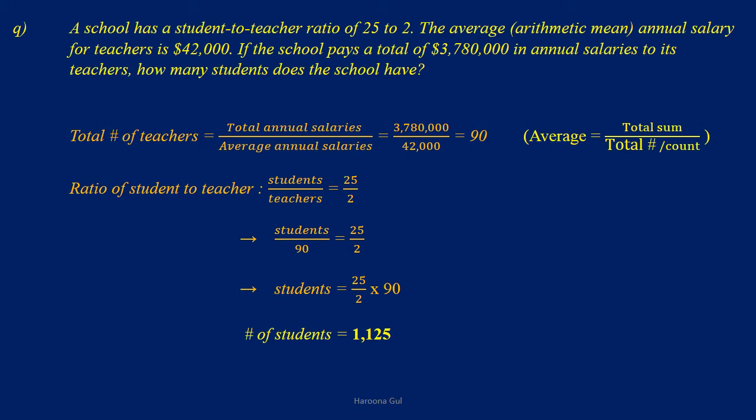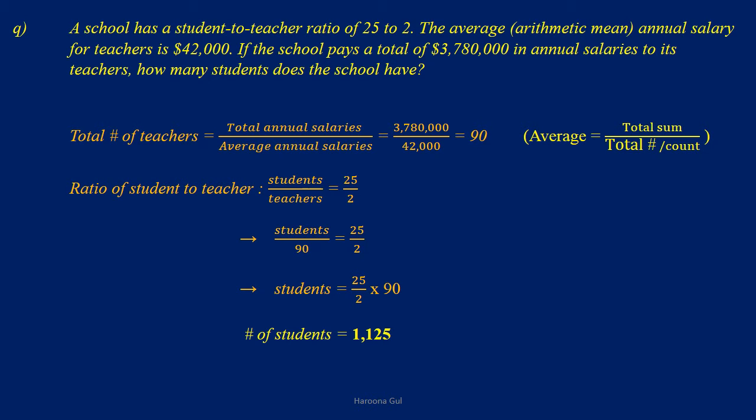Now you see, we have been given information on the average and the total annual salaries of the teachers. So by applying the formula of average, we can get the total number of teachers, right? Now we all know that average or arithmetic mean is equal to the total sum divided by total number, right?